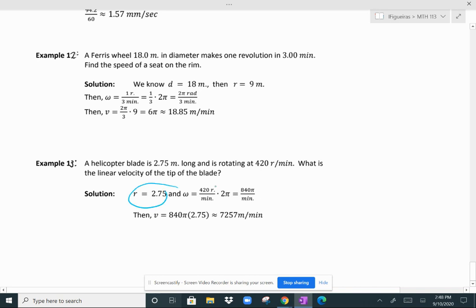Your omega is 420 revolutions per minute. Convert that to radians, which means multiply by 2 pi. I have 840 pi radians per minute. Then V is omega times R. And when you plug that into a calculator, you get 7,257 meters per minute.